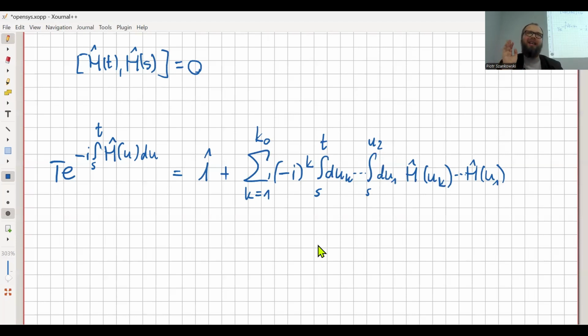But aside from that, if you want to have your evolution over a longer period of time, this approximation is just very, very bad. And one argument why it's bad: this evolution operator is unitary, right? So this whole series, when you sum everything up, is a unitary operator.